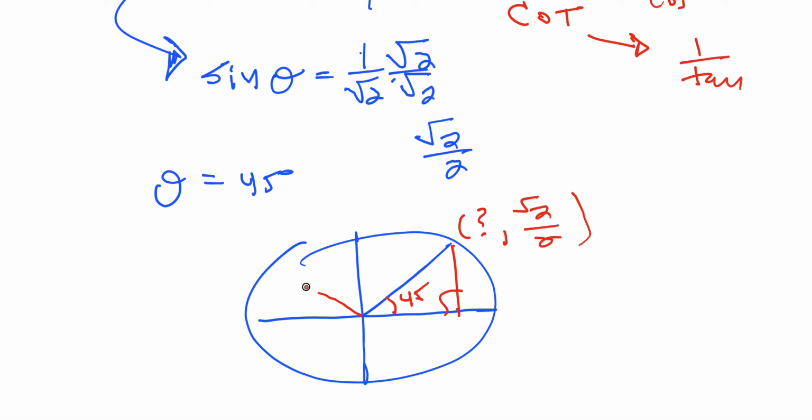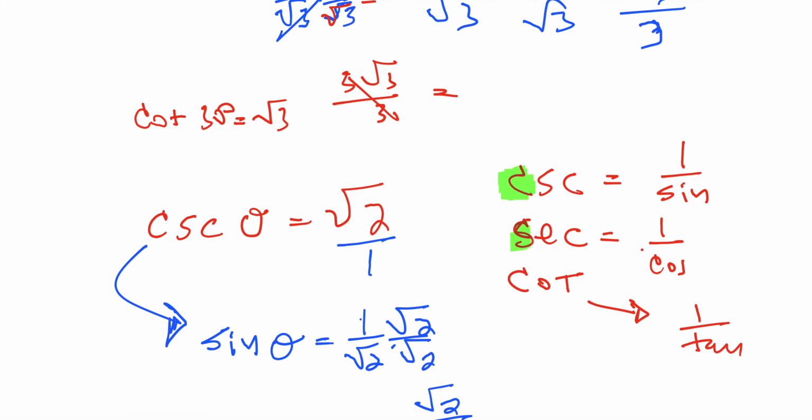And if I go over here, I'm more concerned with the y value, and it's still root 2 over 2. This reference angle is 45. And you go over here, that's an obtuse angle, so they don't want this one. Because technically, the cosecant of 135 degrees is root 2.